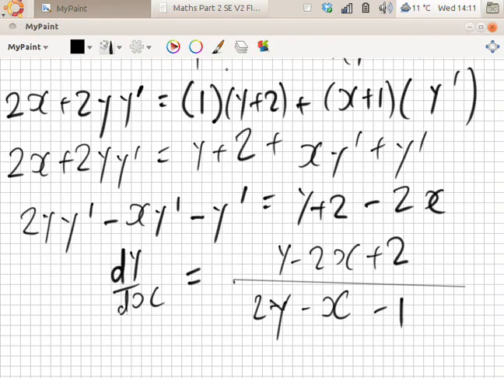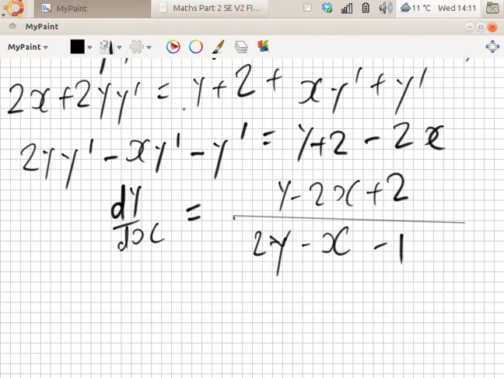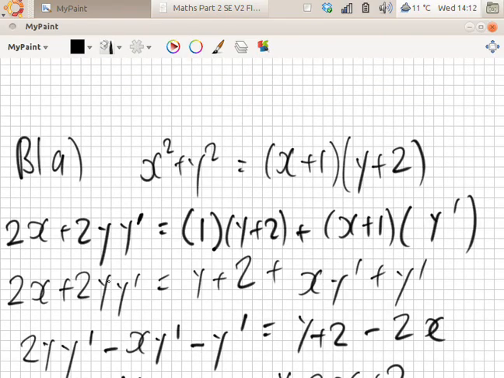Alright. So you put x equal to 0 to find out where it crosses the y-axis. So x squared would be 0. So you're left with y squared equals (x plus 1), which is just going to be 1, multiplied by (y plus 2).